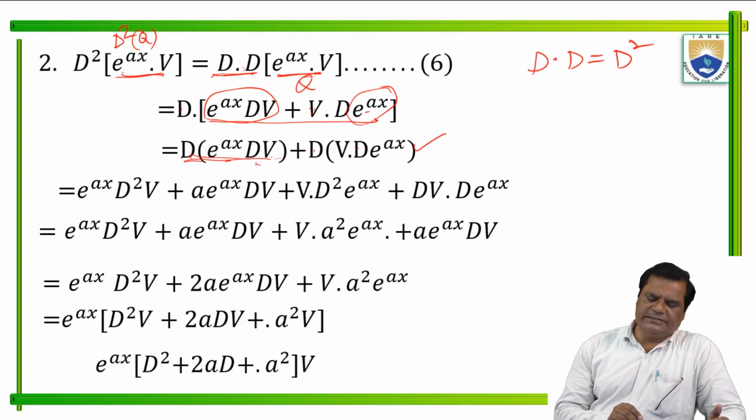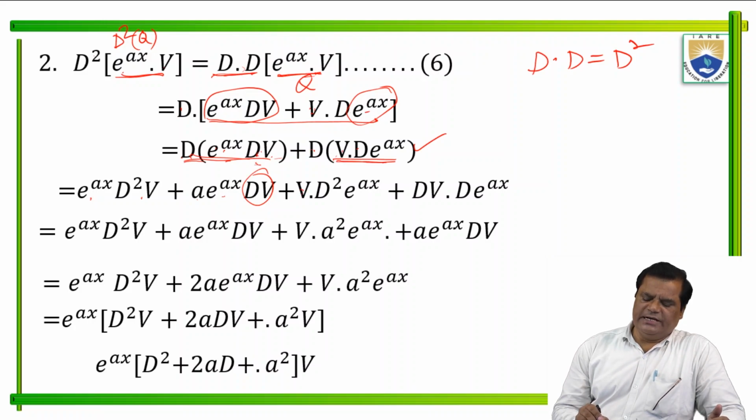So the first function e to the power ax is constant, and the differential of dv is D square v, plus dv is constant, and the differentiation of e to the power ax is a e to the power ax. Now in the next bracket again apply the formula: v is constant, and the differential of D of e to the power ax gives D square of e to the power ax, plus D e to the power ax constant, and the differential of v is dv.